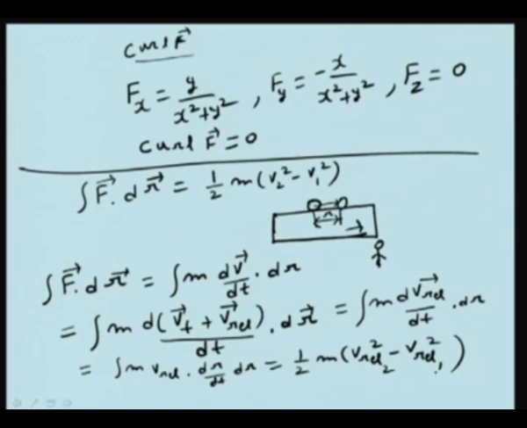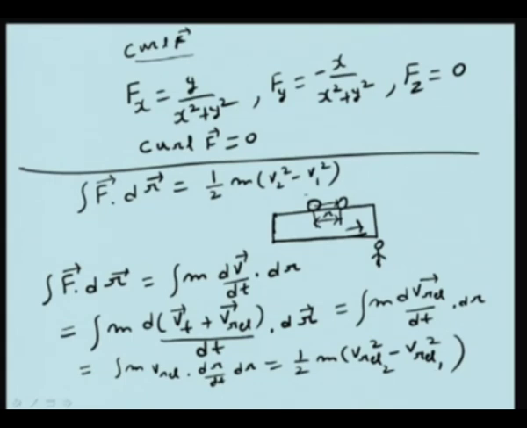Therefore, this relation, the work kinetic energy theorem, can be applied in a frame of reference which is moving at a constant velocity, provided you take the work done in the relative reference frame, that means force multiplied by the displacement in the relative frame, and it is equal to the change in kinetic energy in the relative frame.